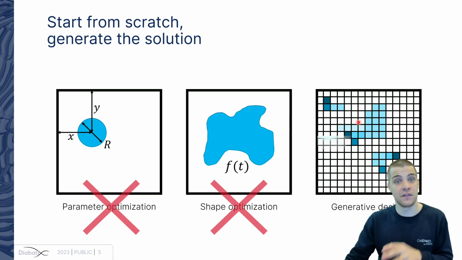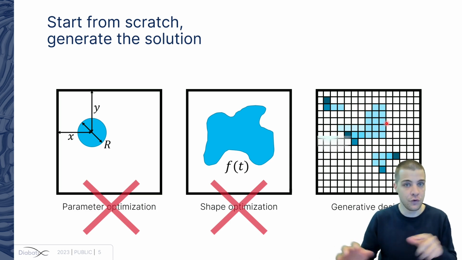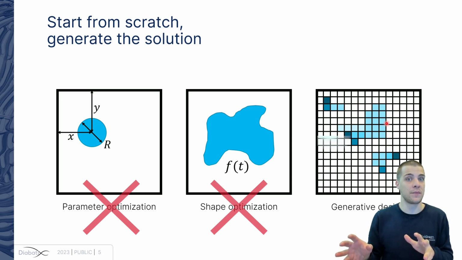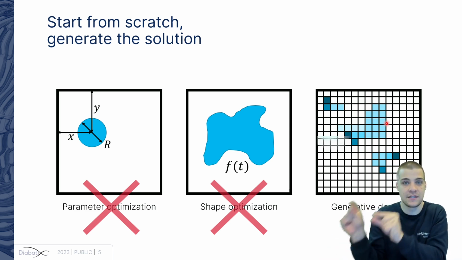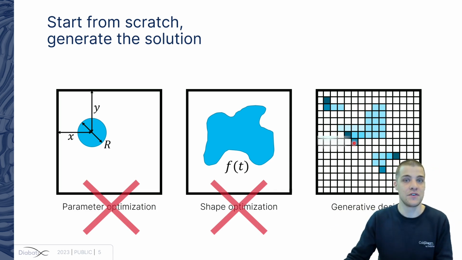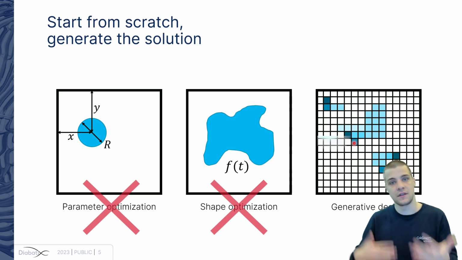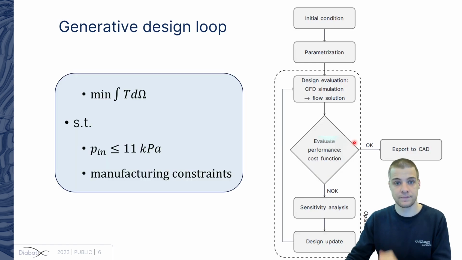With generative design, the software really starts from scratch, and it can fully autonomously determine where in the geometry material needs to be placed and where not, which of course allows for the most freedom and thus will return the most optimal solution to your problem.